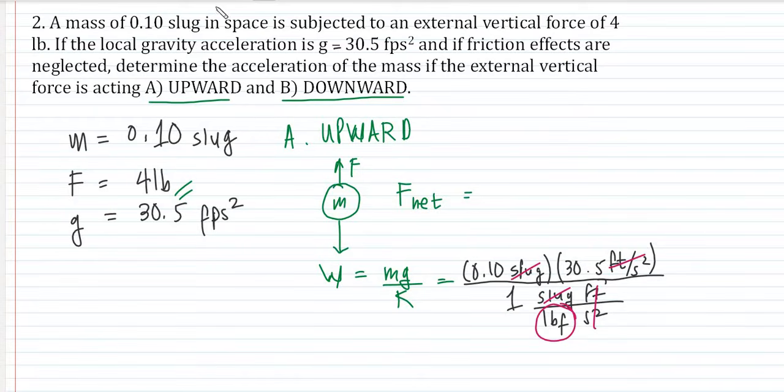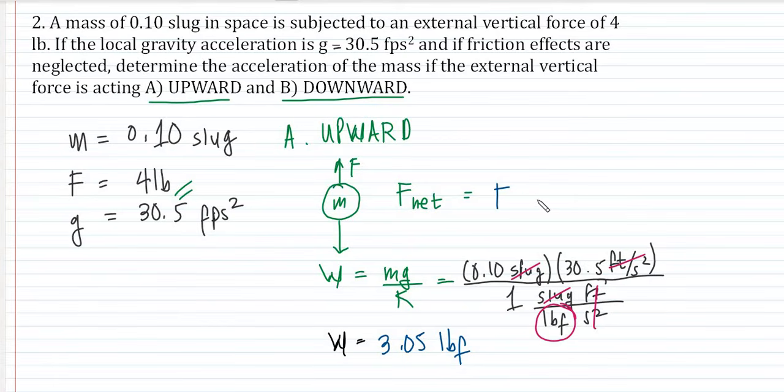So the weight of our mass is 0.10 times 30.5. So I will get 3.05 pound force. Okay, so I have here my force.